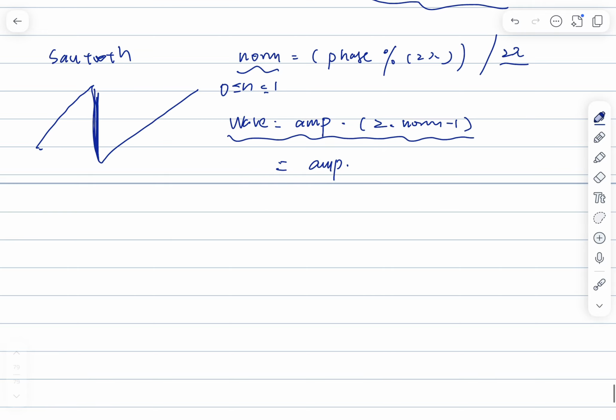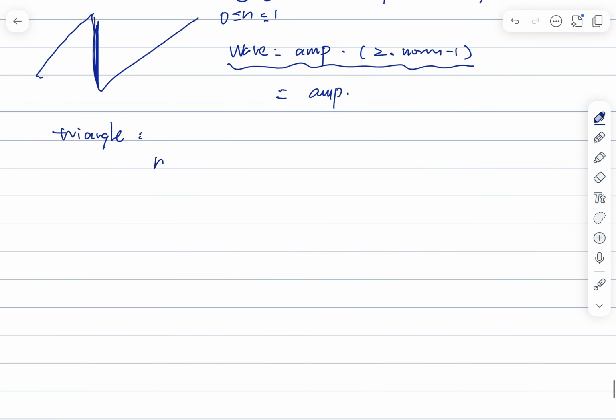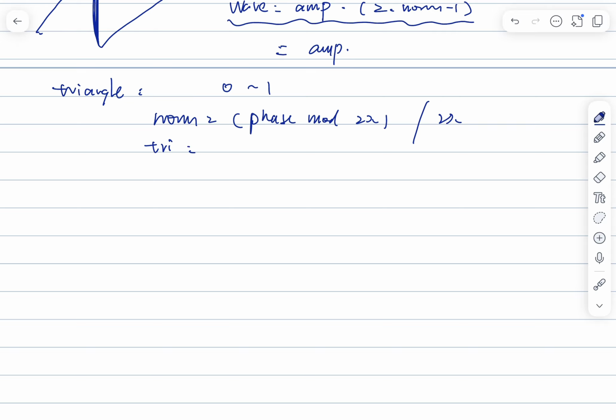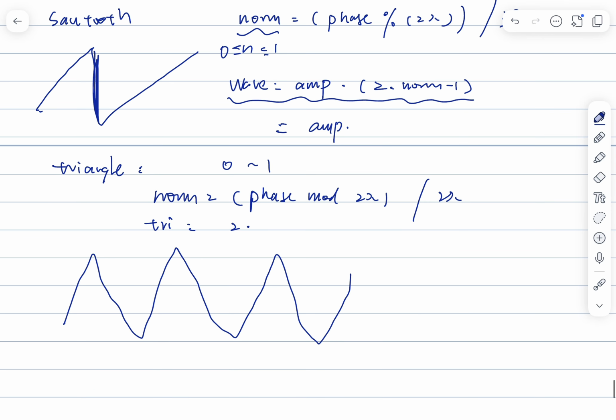We're also still going to have the norm. Norm is equal to the phase mod 2 pi, divided by 2 pi, and then we get a number between 0 and 1. This is going from 0 to 1 to 0 to 1, and so on.